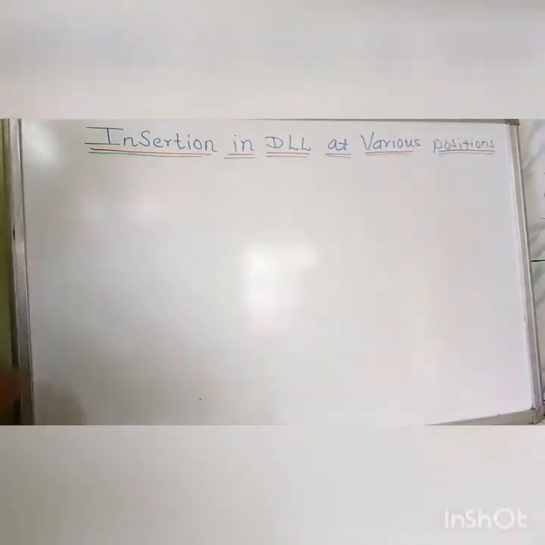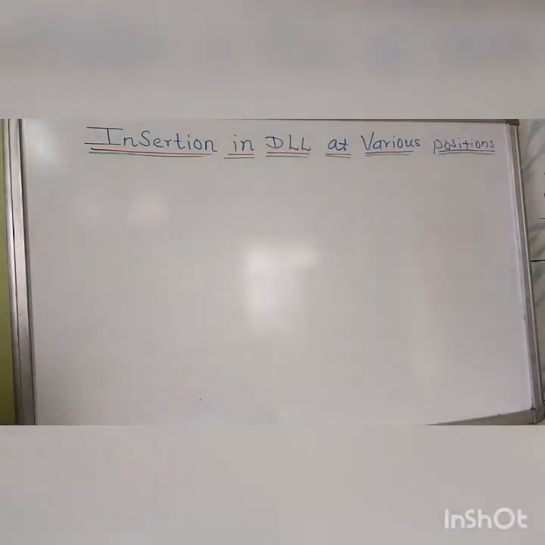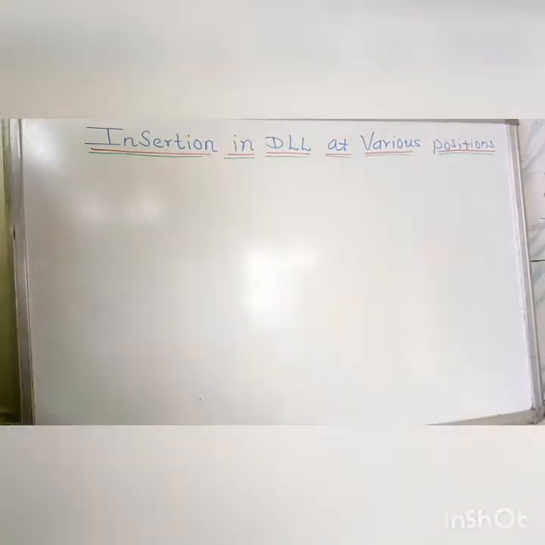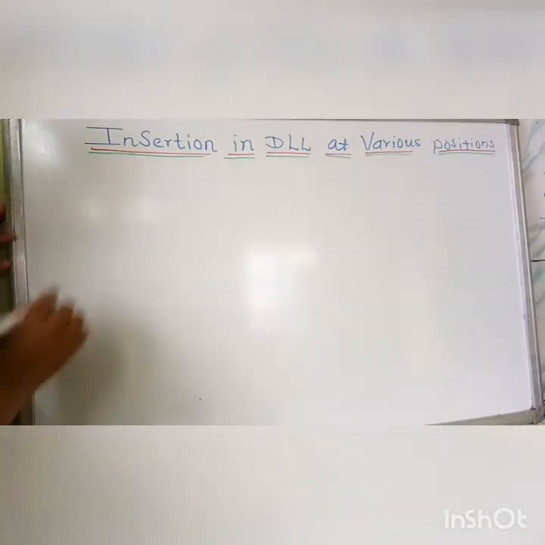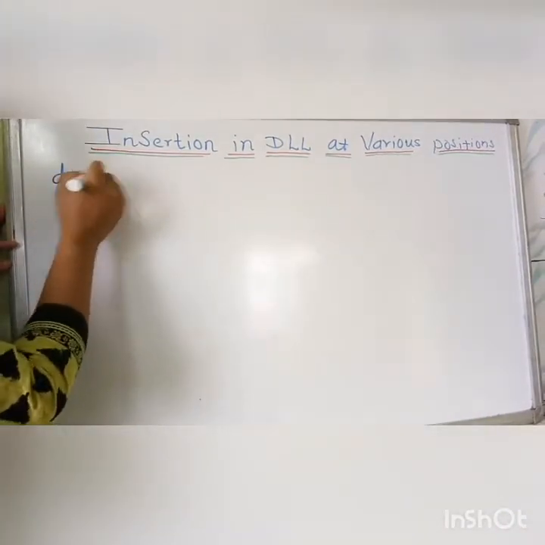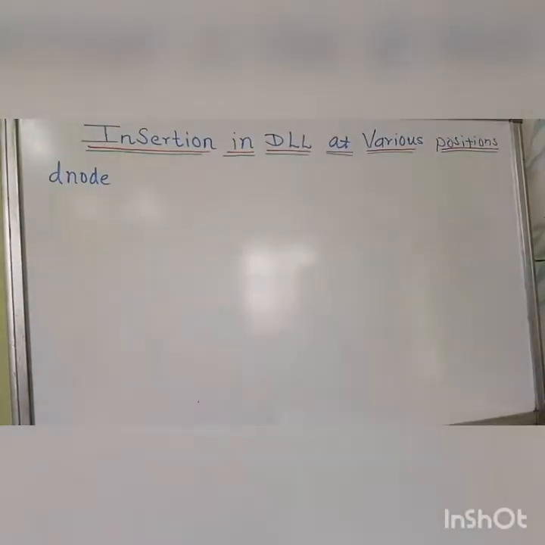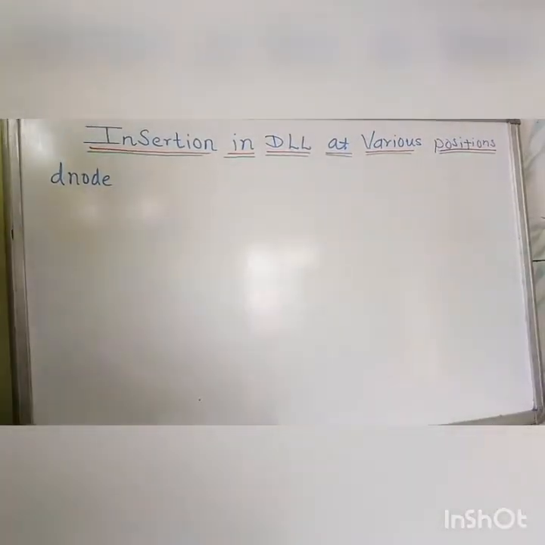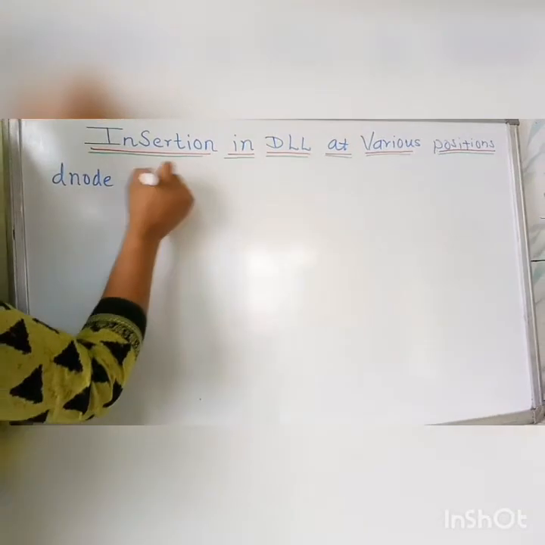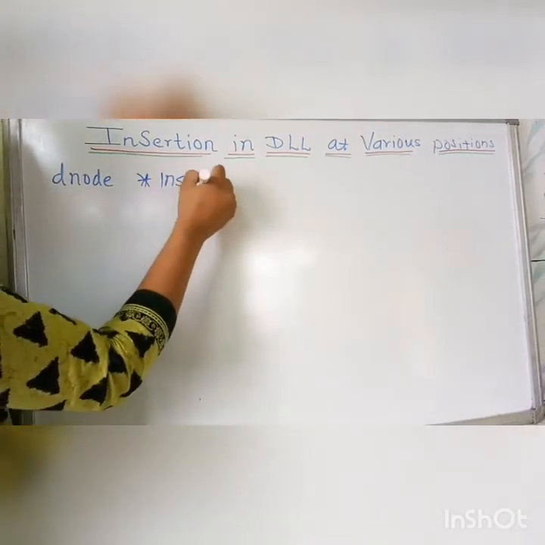For inserting previous nodes, we have to consider the head of the linked list. So we will write the return type of it, that is DNode. Then take a function like DNode star insert.